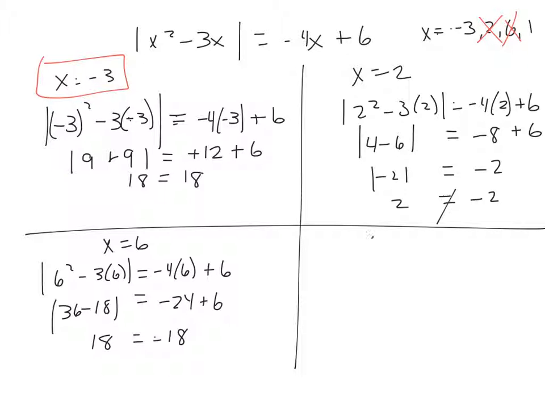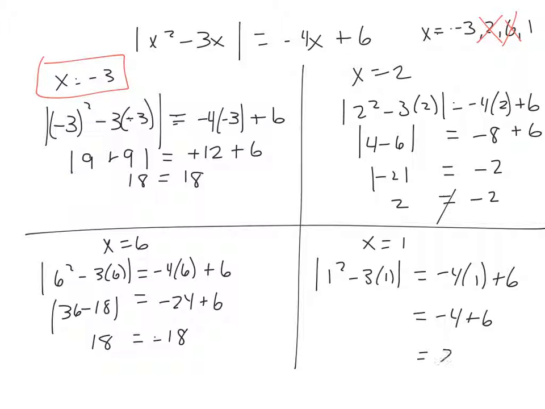Let's test x equals 1. We've got the absolute value of 1 squared minus 3 times 1 equals minus 4 times 1 plus 6. On this side I've got minus 4 plus 6, which is 2.